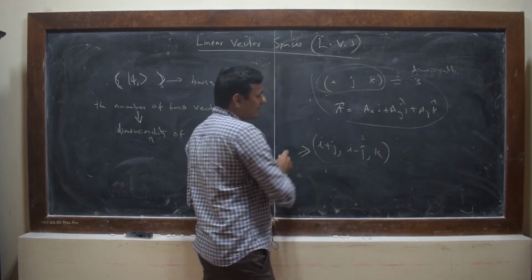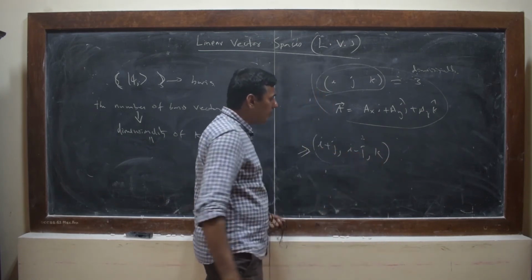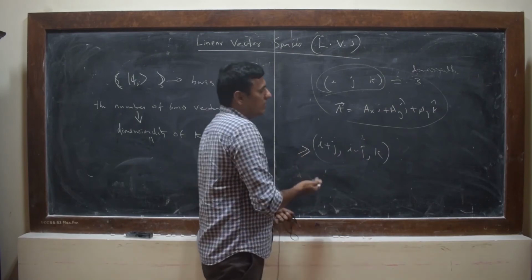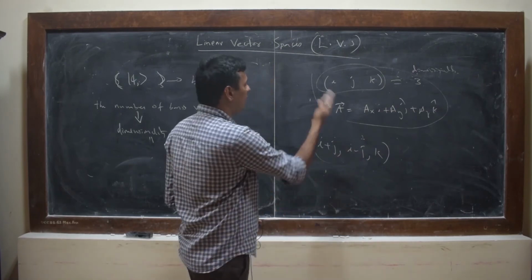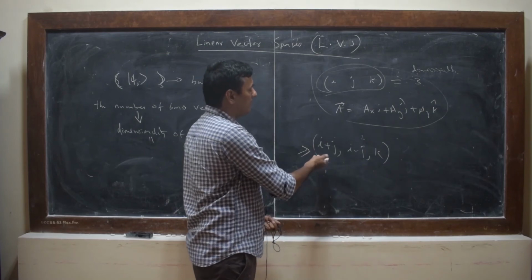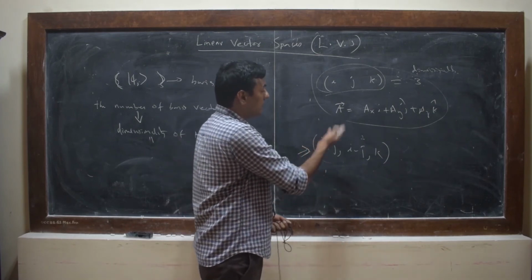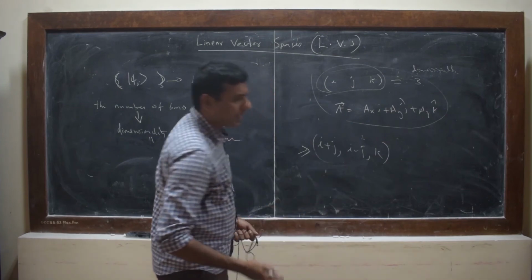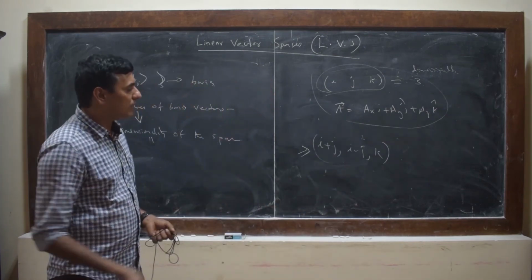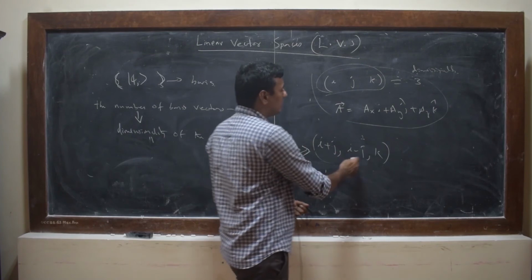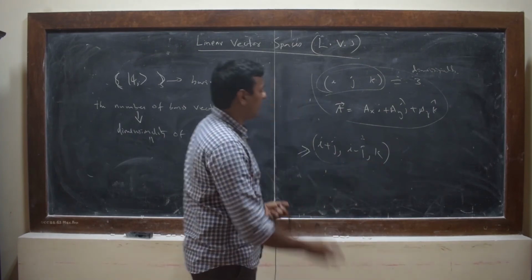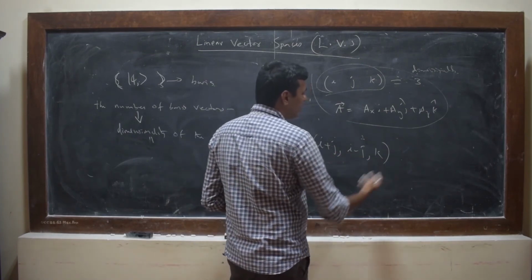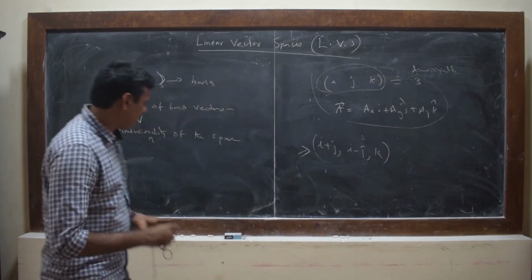This is also a basis. These vectors are linearly independent, and of course they do span the space. So this is another basis for a 3-dimensional Cartesian space. So you can have many choices, but always the number of basis vectors will be the same. Okay, and the number of basis vectors gives you the dimensionality of the space.